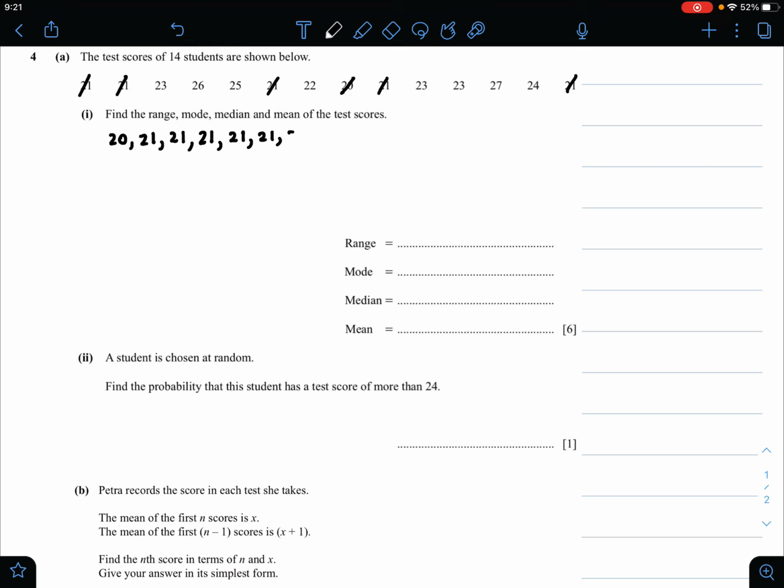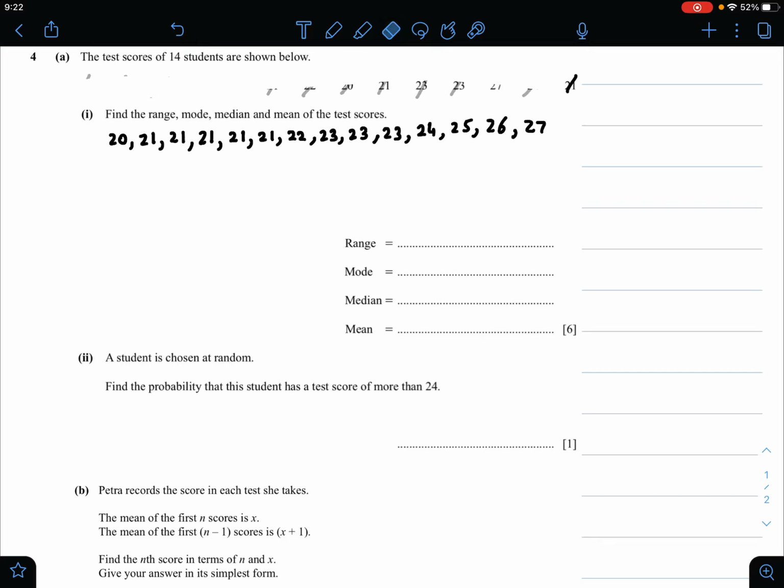Now 22, and there's only one 22, then 23, 23, one more 23. I'm cancelling these numbers so it's easier to not miss any number or take any number twice. Next is 24, then 25, 26 and 27.